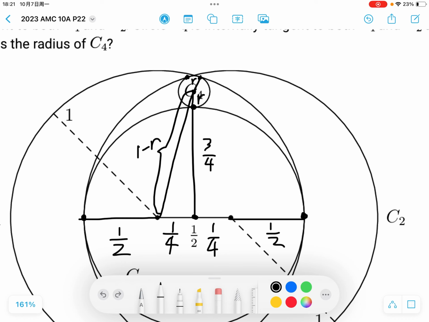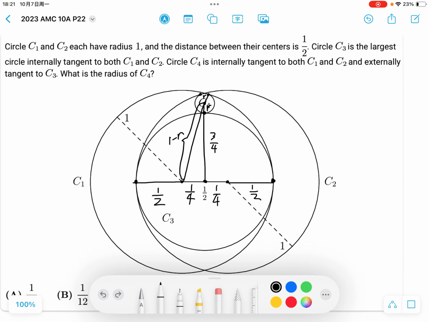So you have the Pythagorean theorem, so you can list out an equation. Basically you can say that (R plus 3/4) squared plus (1/4) squared, or 1/16, equals (1 minus R) squared.